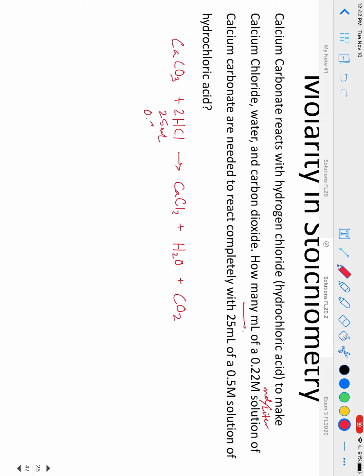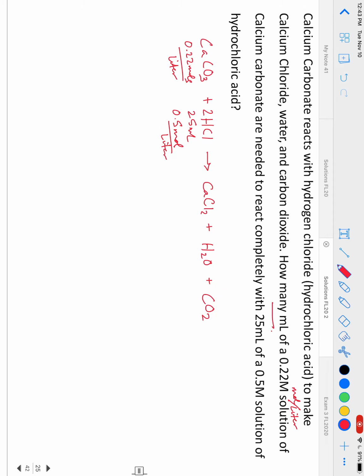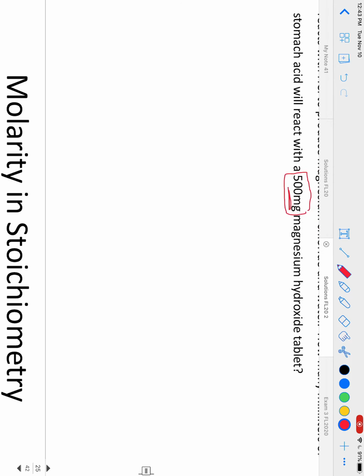So we have 25 milliliters of hydrochloric acid, and it is 0.5 moles per liter. That's the concentration, 0.5 molar. And then we want to know how many milliliters of calcium carbonate, which is the other reactant, and the concentration is 0.22 moles per liter.